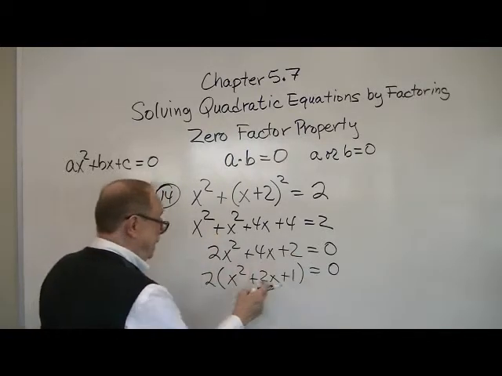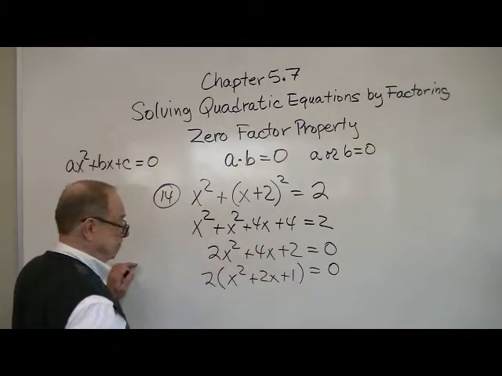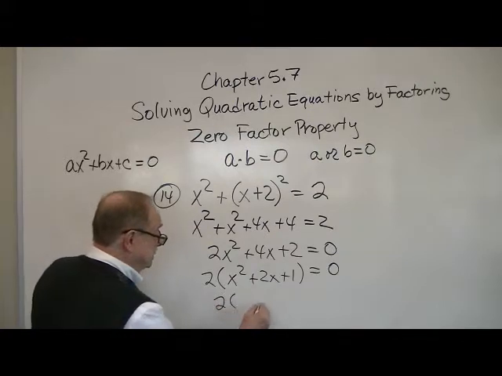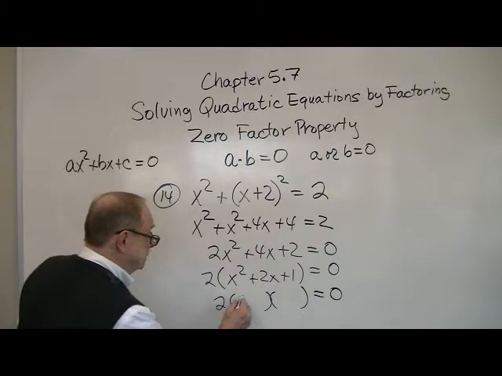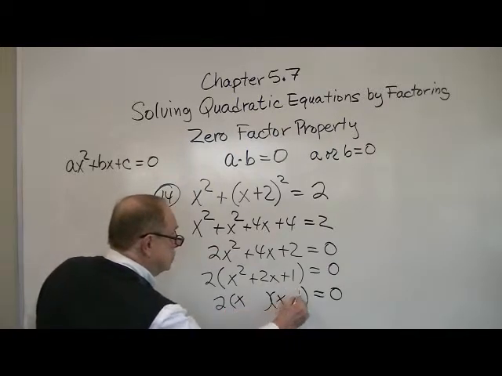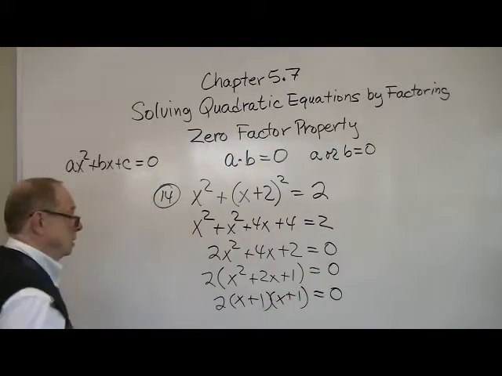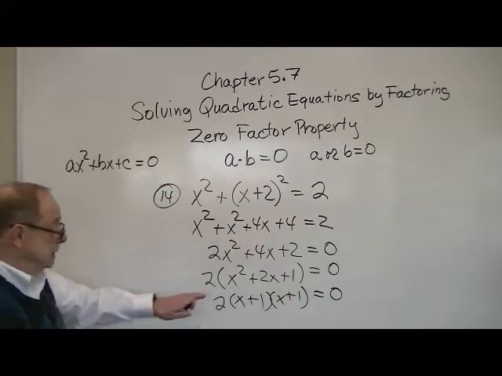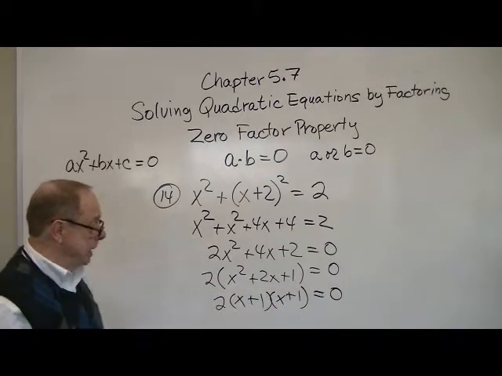Then I see I could factor out a 2, which is what I did. Now we're going to factor this. And this will be x, 1, 1. Oh, that's interesting. This is again a perfect square trinomial that factored into that.